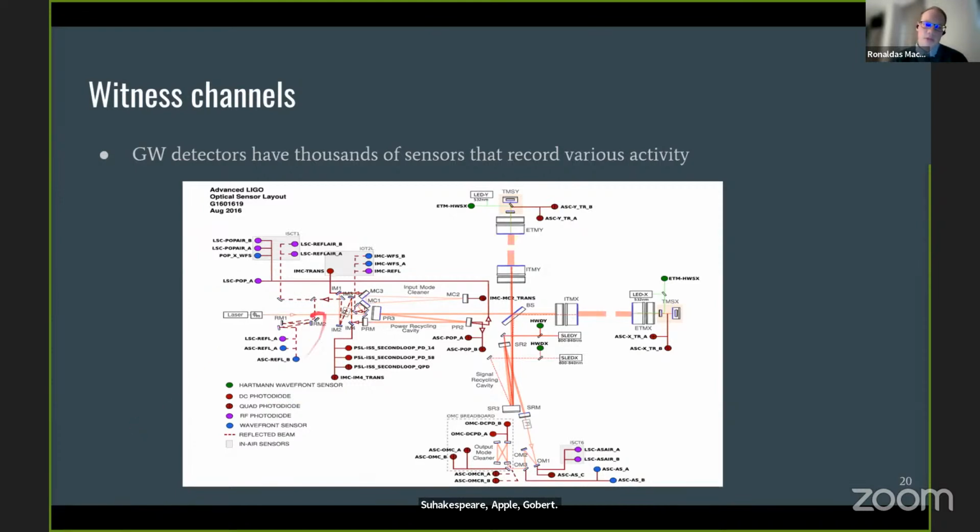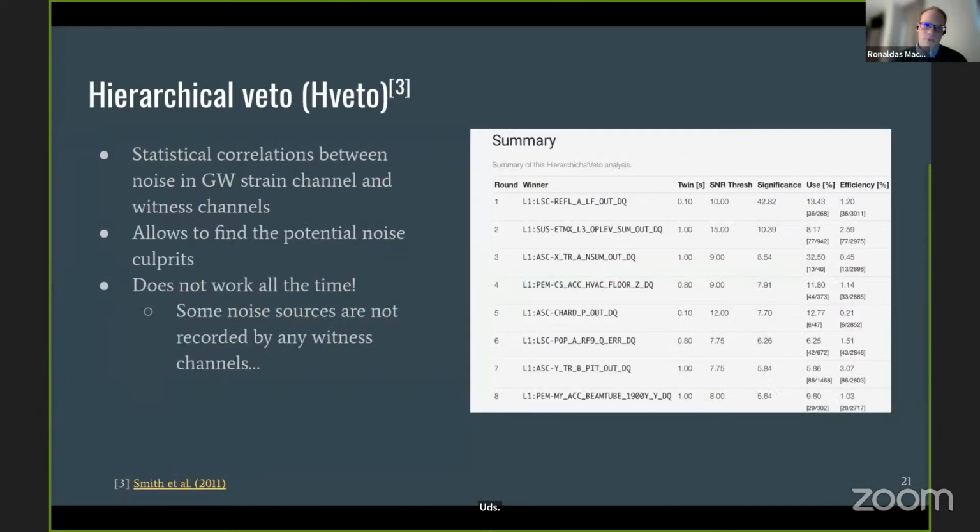Then people would go back to the detector and try to see what is happening at this particular site, and whether something is going wrong with this part of the detector, which allows us to mitigate the noise. So that allows us to find the potential noise culprits, and we can try to mitigate those noise sources. But that does not work all the time.